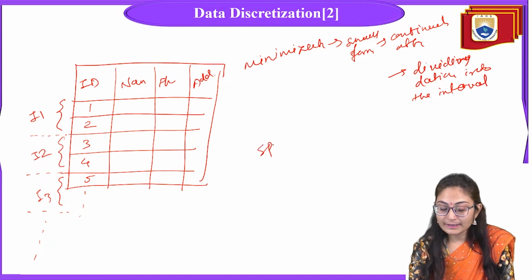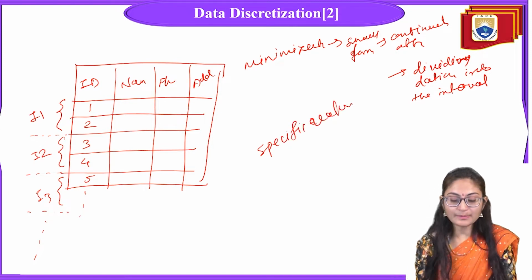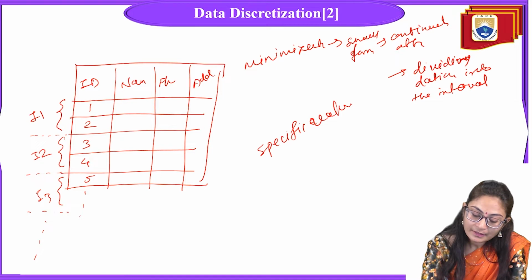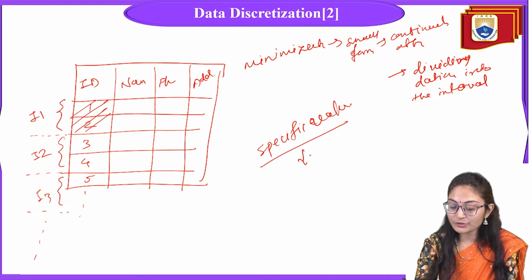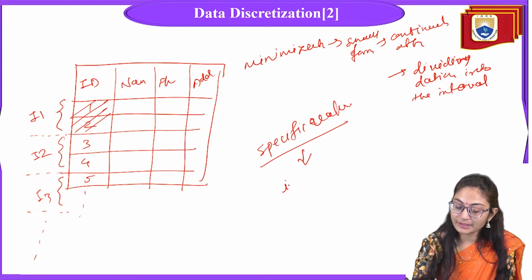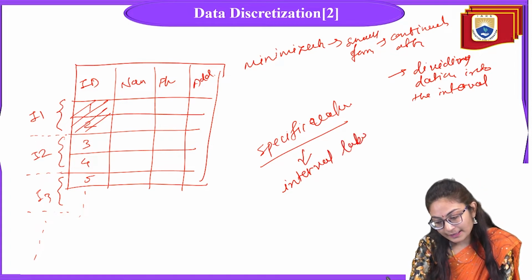But after getting the intervals, I have to replace each interval by using a specific value, which are our interval labels.